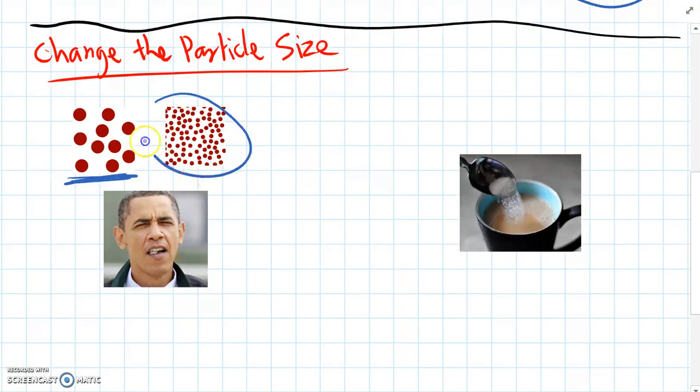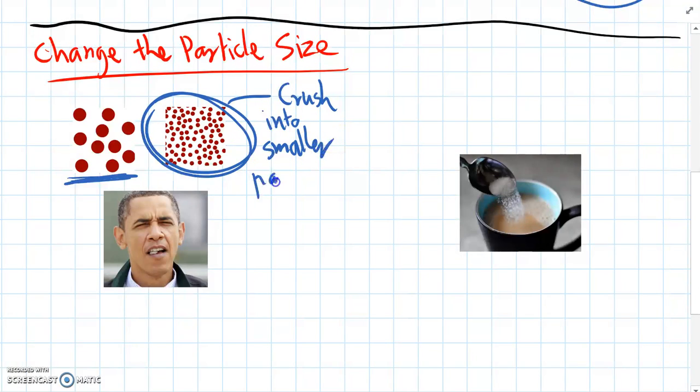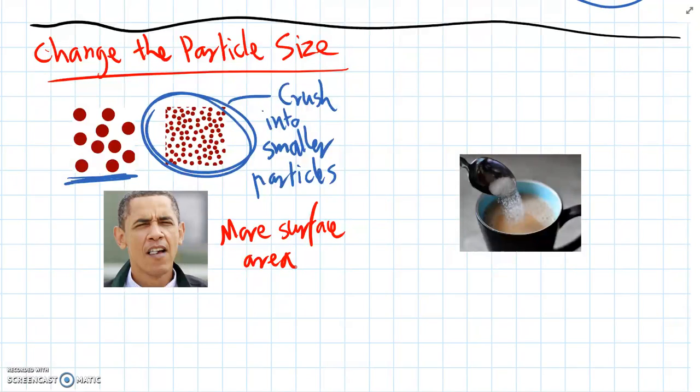But if we break up particles into smaller pieces, like if we crush it up in a mortar and pestle, crush into smaller particles, then there's a lot more surface area on those particles. And more surface area, that means it's more likely that particles will bump into each other and then they'll react.